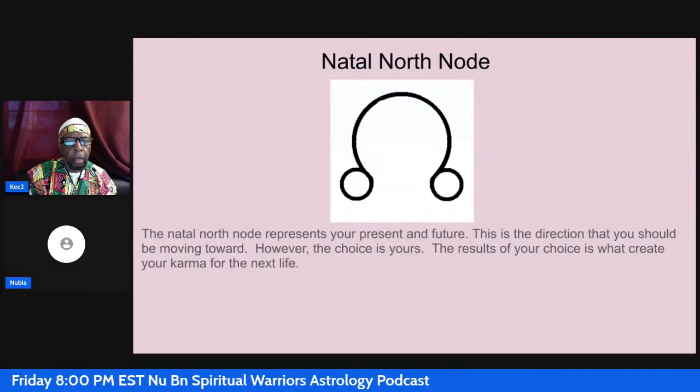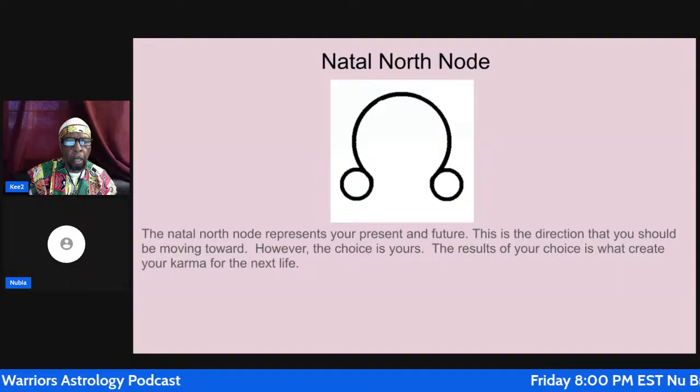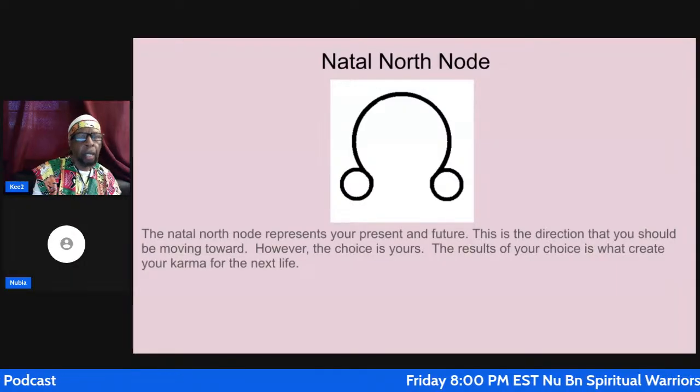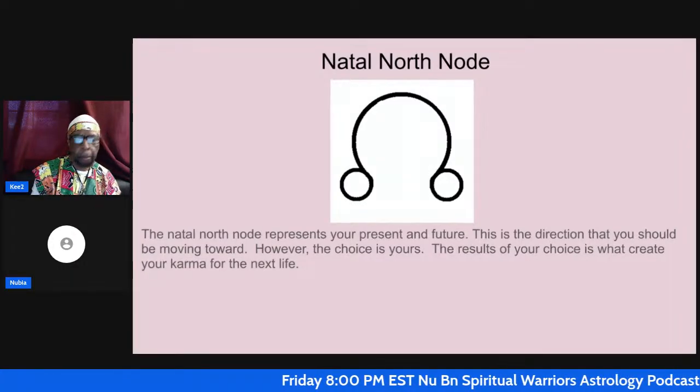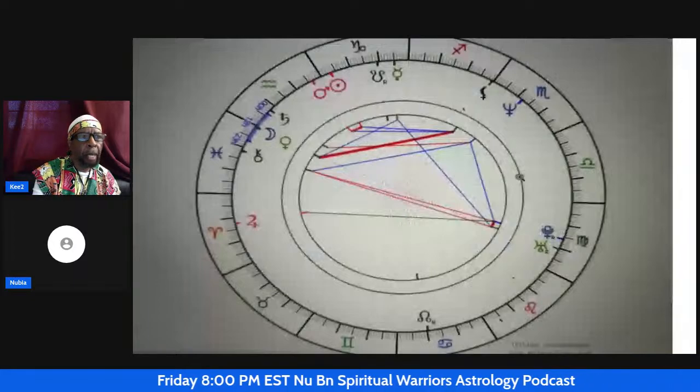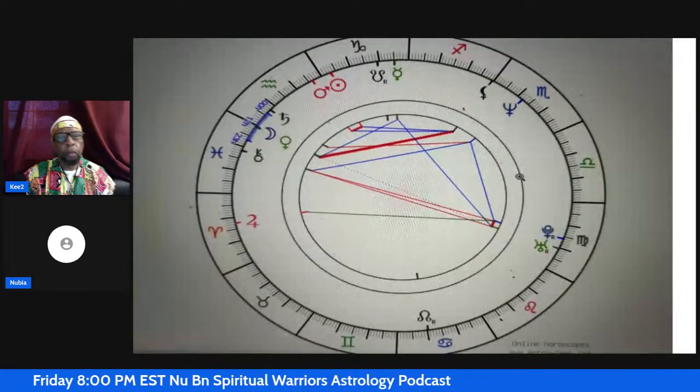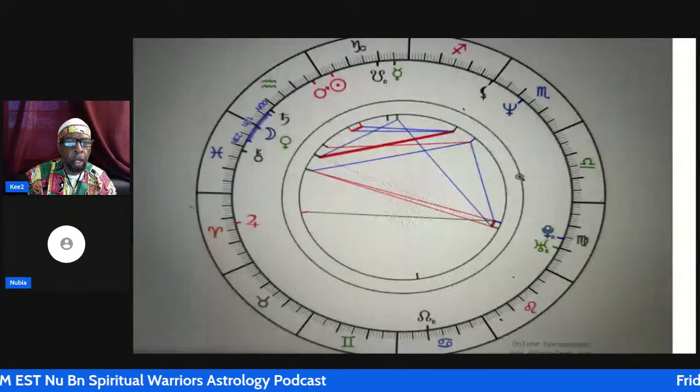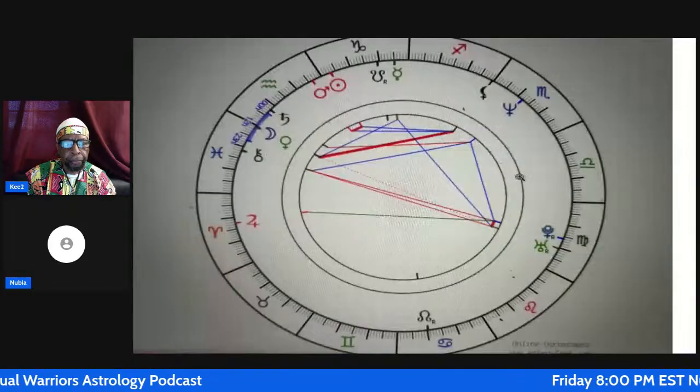Okay. There's a lot of different ways to interpret charts. Matter of fact, I'll bring the chart up while I'm talking about that. This is the chart that we're going to take a look at.